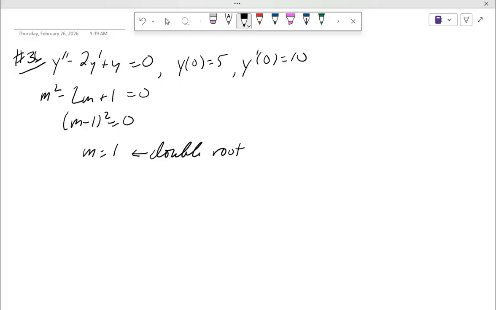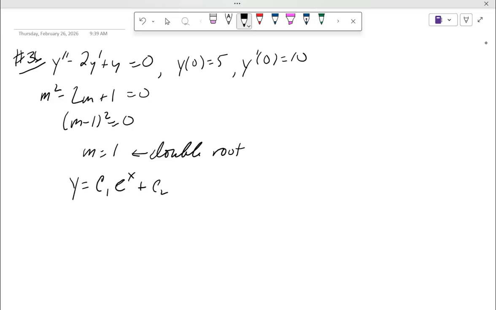So in this case, one of them is going to be C1, and what's our first linearly independent solution going to be? e to the x, good. The second one, typically, we would plug the second root in, right? But we can't do that here because there isn't a second distinct one. So what do we do instead?